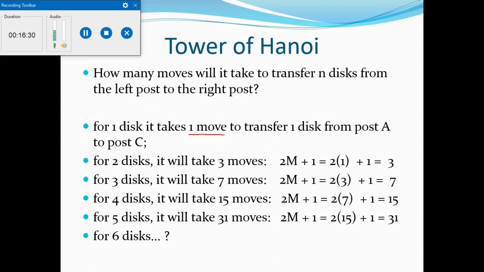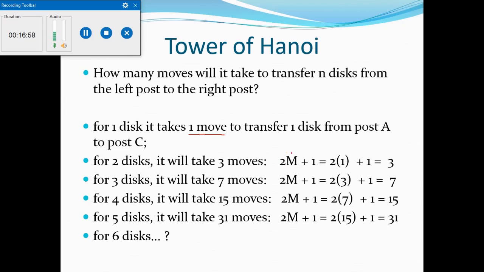So that is one disk less, the number of movements required by n minus 1 disks. Suppose you are looking for 5 disks, here the m value would be the number of moves required by 4 disks, just one disk less. So for 2 disks it should be 2m plus 1, where m is the number of movements required by one disk.